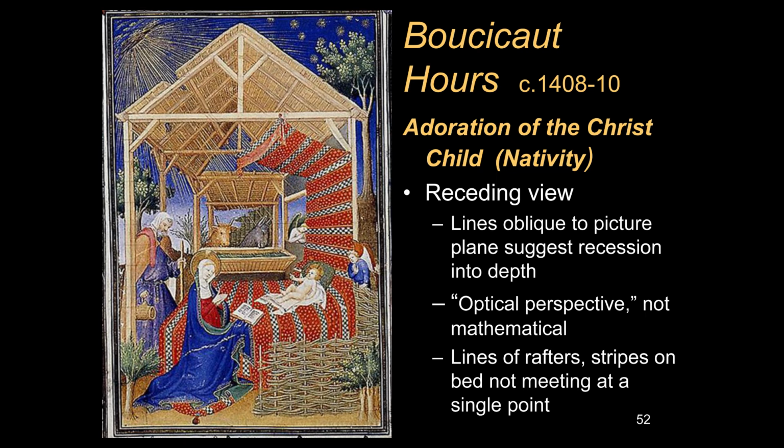And there's a lot of straight lines, receding view, and you can see the lines of the rafters that seem to slope back. And the lines, which would be the eaves, the edge of the roof, are sort of pointing back into space. Also the little slanting shed roof over the ox and the ass. You can follow those rafters back into space.